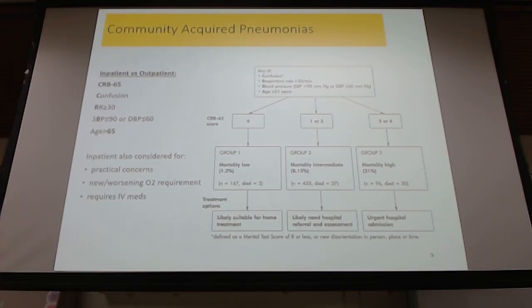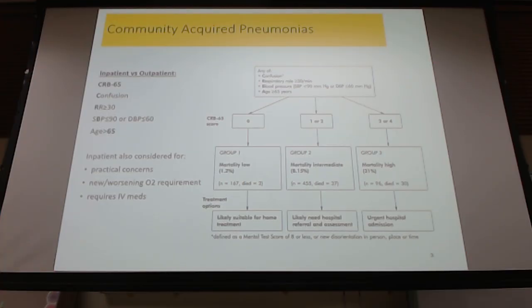So knowing what these are, again, you've already determined they have pneumonia. Now you have to figure out, should I send this person home or should I hospitalize them? Because we already talked about that mortality rate and how high it was. So this is part of the treatment. Make sure the patient's stable and safe to go home. This is a tool that helps you make that decision.